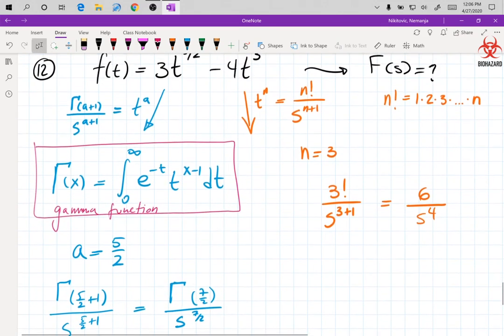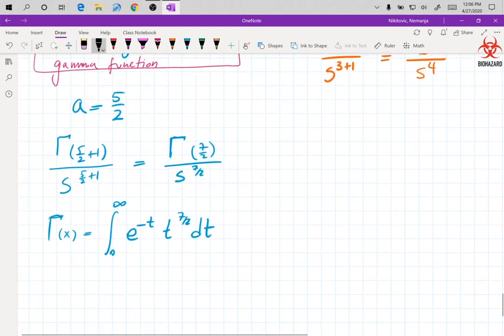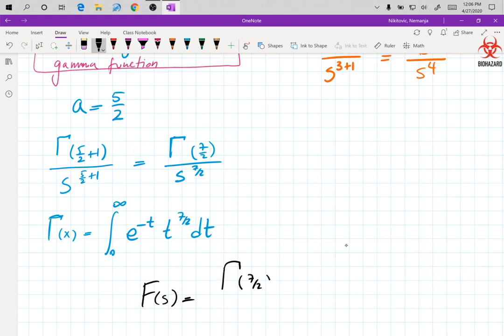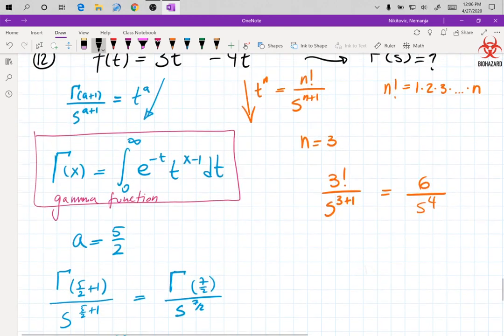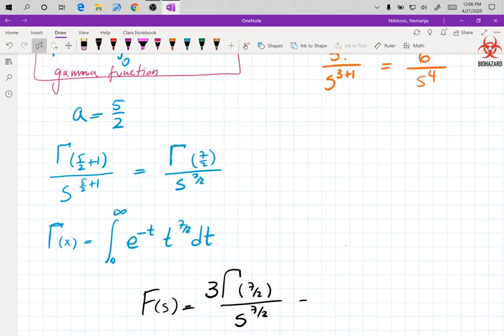So now what do I have? Capital F of s, which is our Laplace transform, is going to be gamma of 7/2 divided by s to the 7/2, and that's times 3, minus 4 times 6 over s to the 4.